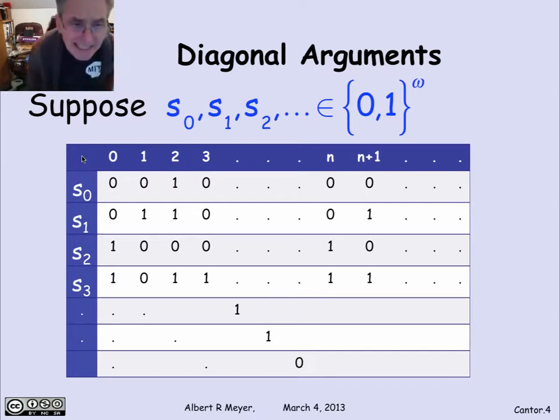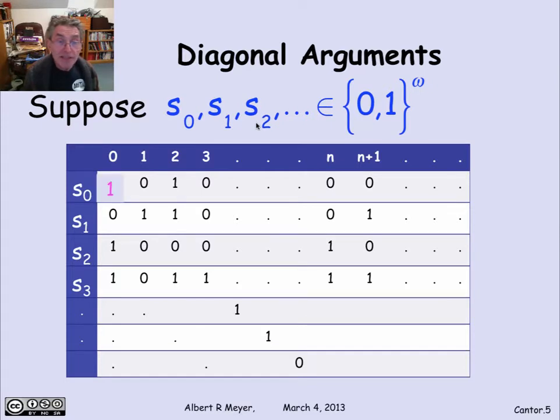So the trick is to try to find an infinite binary sequence that is not in this list, that differs from every row. If I can do that, then I've shown that any attempt to enumerate all of the binary sequences in {0,1}^ω, any sequence like S0, S1, and S2 of binary sequences, is missing something, which means you can't really list it.